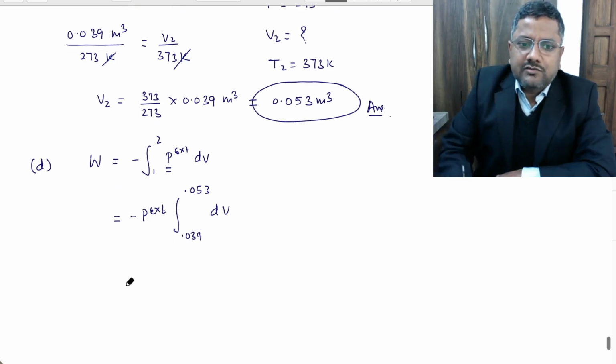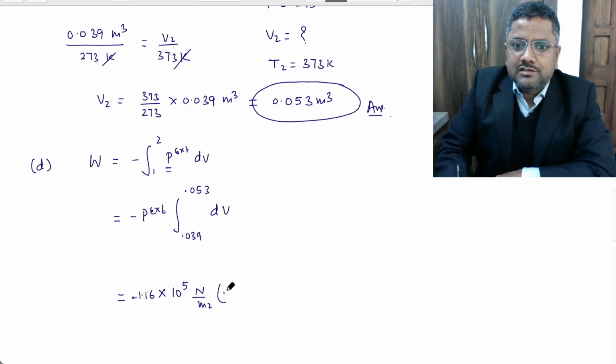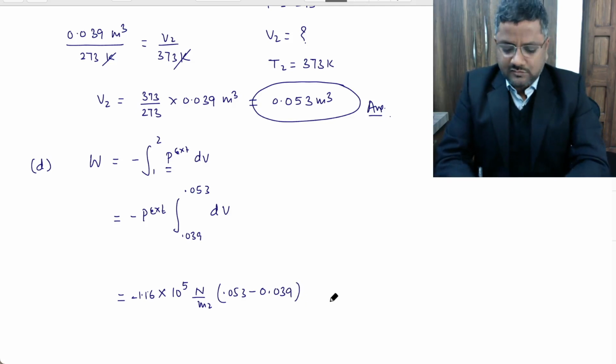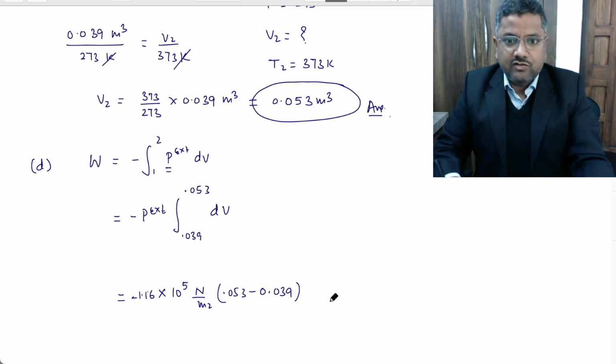And P external we have already calculated: minus 1.16 into 10 to the power 5 Newton per meter square into 0.053 minus 0.039, right? So 0.053 minus 0.039 is equal to 0.014.